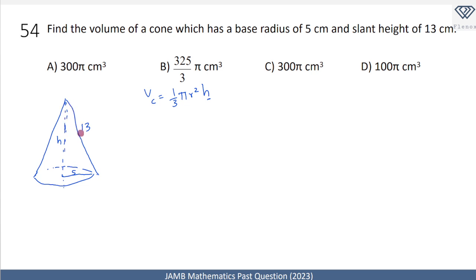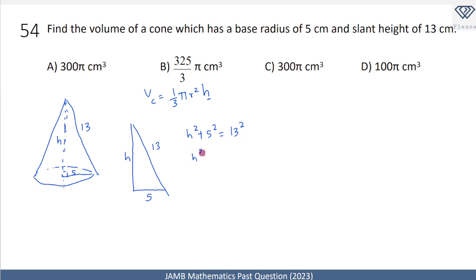If you look at this, you can see that it brings out a right angle triangle, and I'm going to try to draw that out again. So this is a right angle triangle in which the slant height, which is what I've been given, is 13. The length at the base, which is the radius, is 5. I want to find the vertical height here. For our Pythagoras theorem, we know that the sum of the squares of the two shorter sides is equal to the square of the hypotenuse, in other words, h squared plus 5 squared is equal to 13 squared.